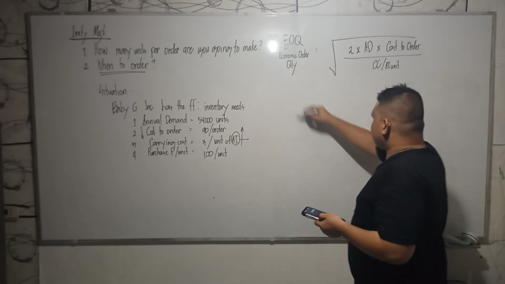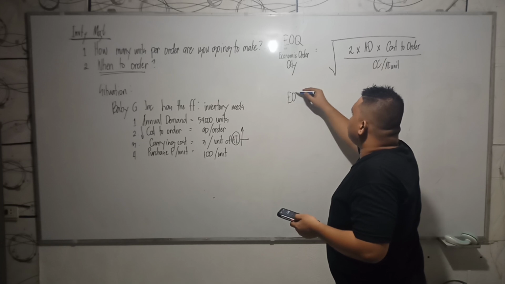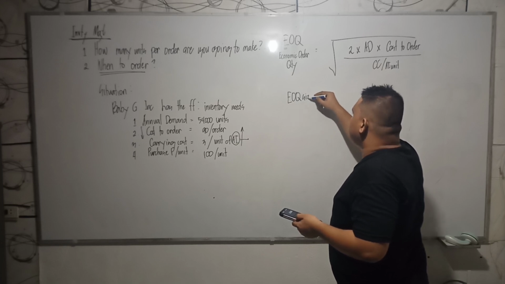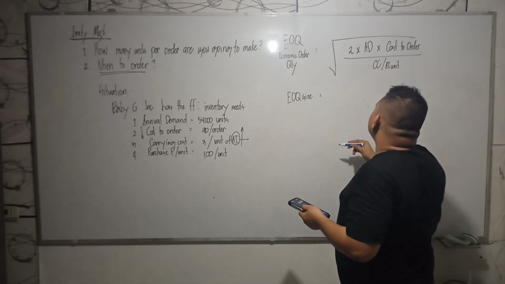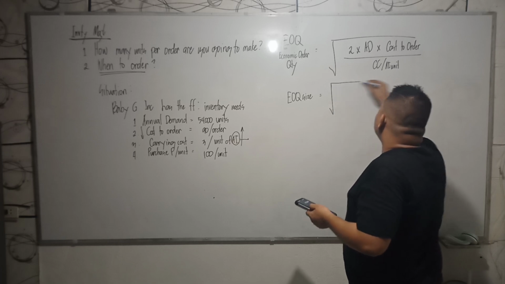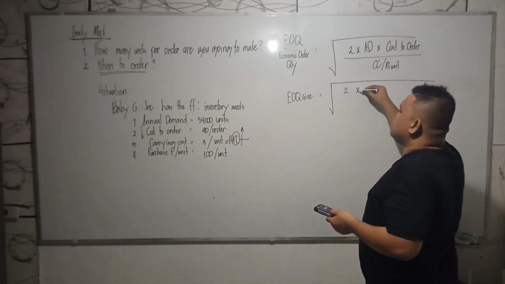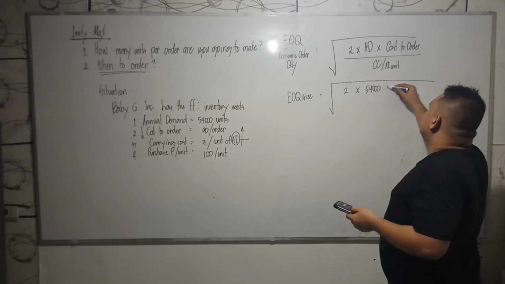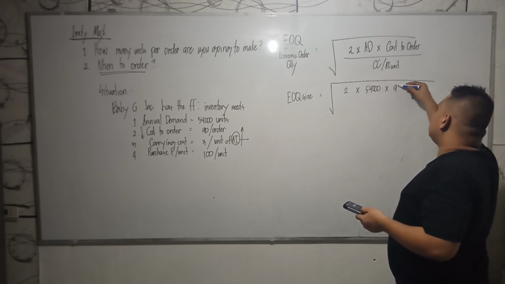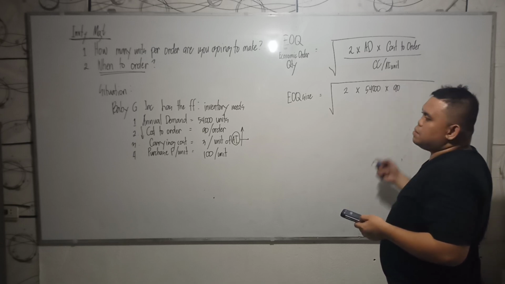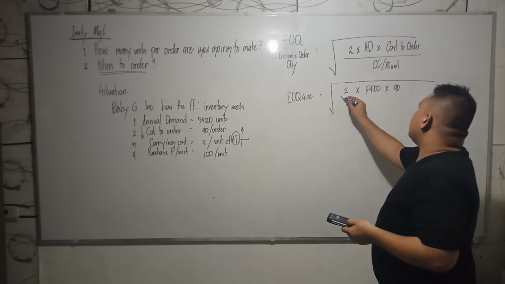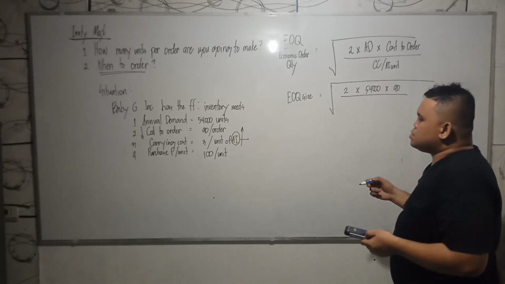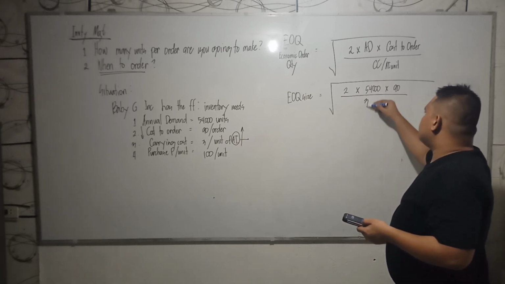Meaning, the economic order quantity, or the order size, is the square root of 2 times the annual demand of 54,000 times the ordering cost. When you order, you have to pay 90 pesos per order, and the carrying cost per unit is 3.